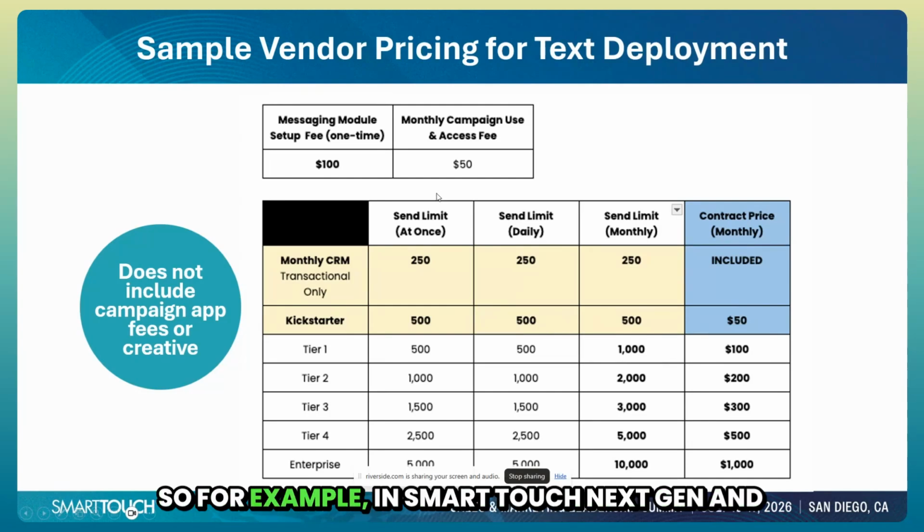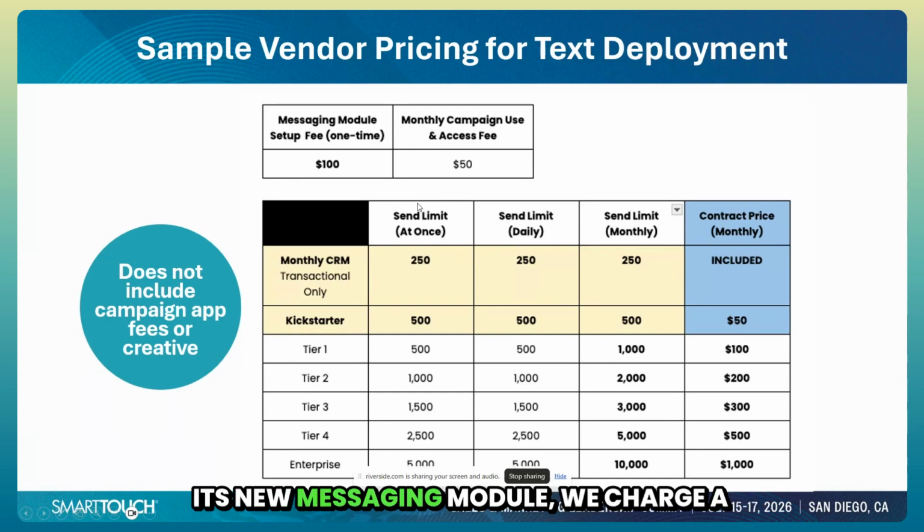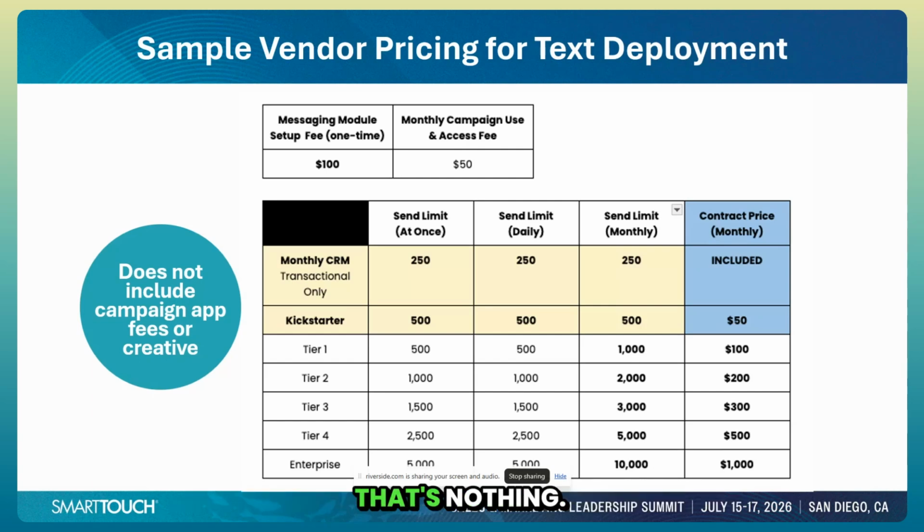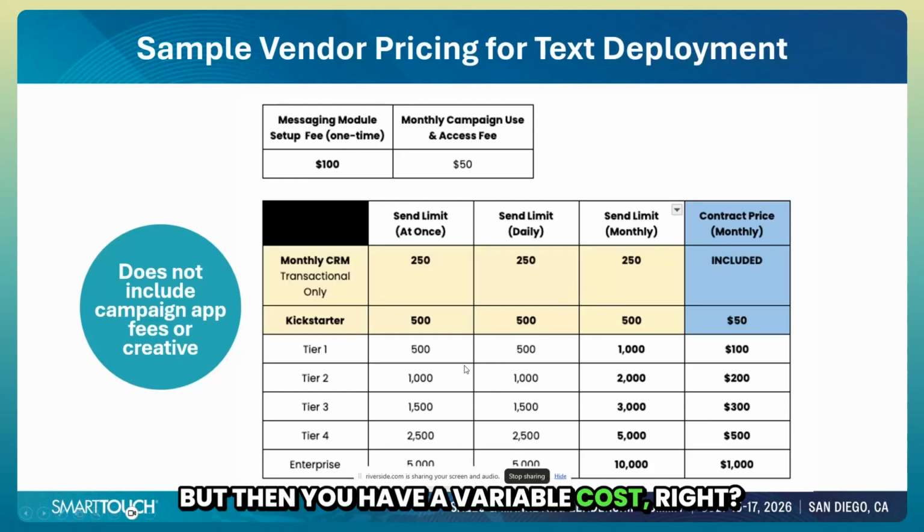So, for example, in Smart Touch NextGen, the messaging module, we charge $100 to set up the messaging platform and get all of the compliance done. That's nothing. And then it's $50 to access a campaign. That's nothing. But then you have a variable cost, right?